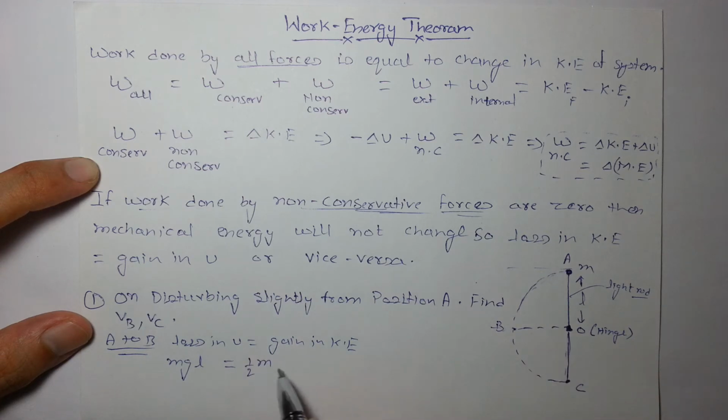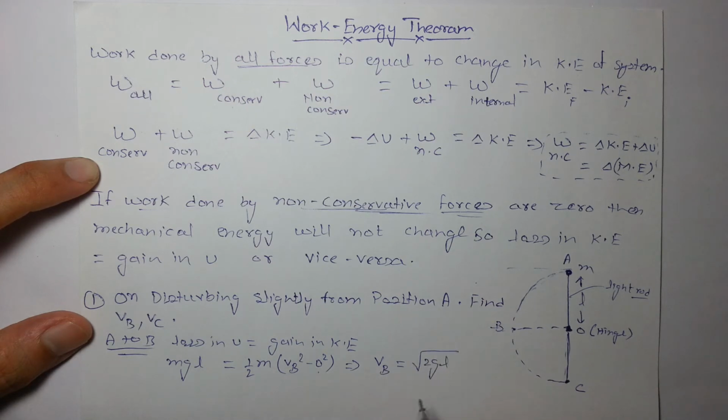Half m VB squared minus 0 squared. Velocity at A is 0. So what is VB? It is simply under root 2gL.